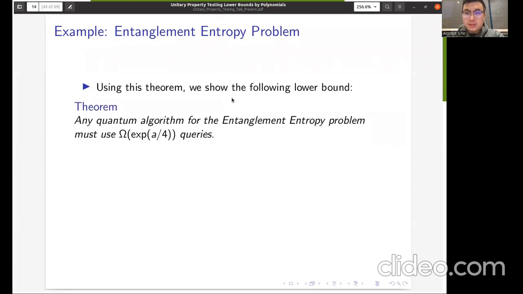Using this theorem, we're able to show the following lower bound: any quantum algorithm for the entanglement entropy problem must use exponential of n divided by 4 queries.